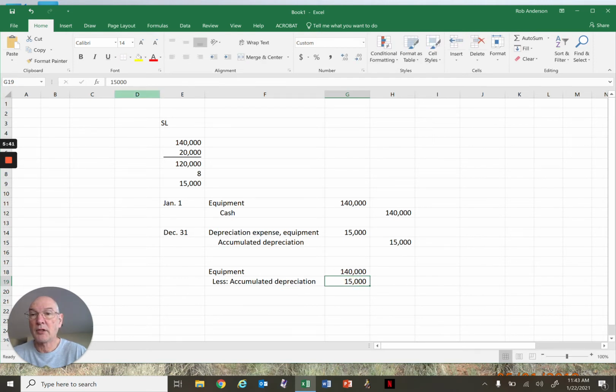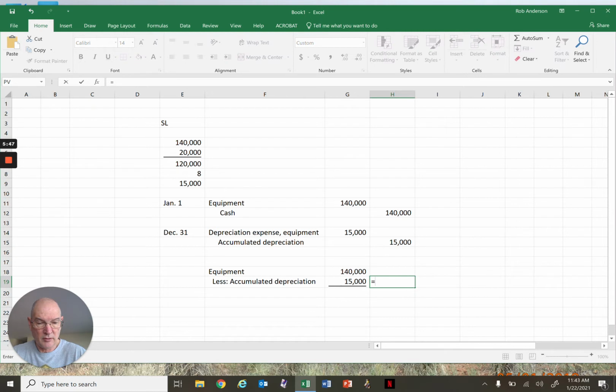And then we would underline that. And we would say that is 125,000. So that's net.